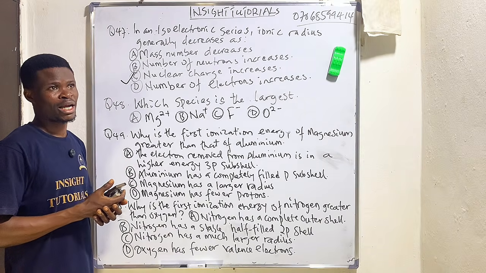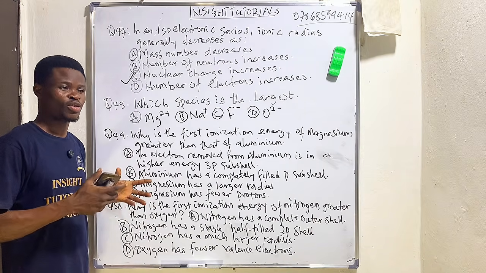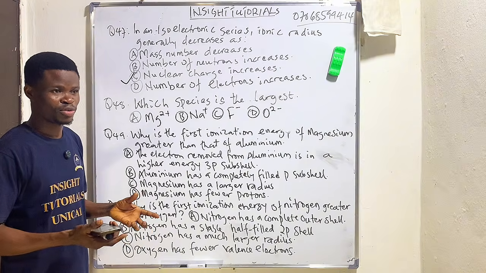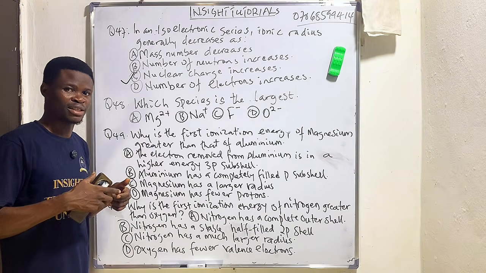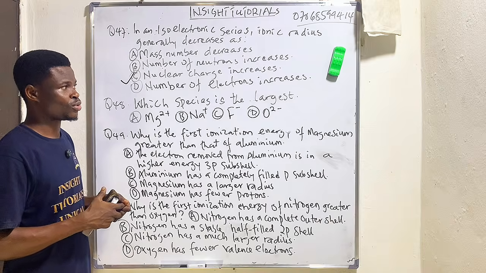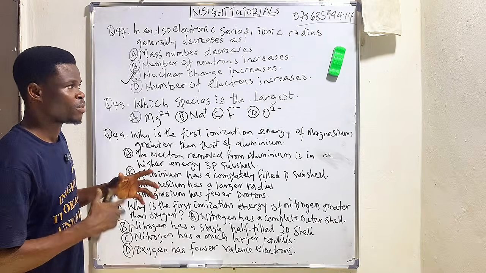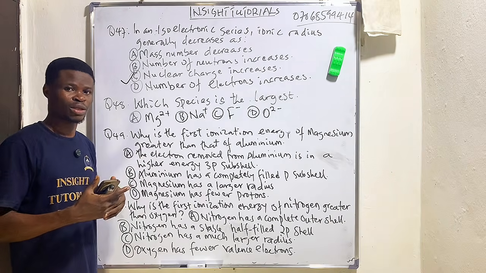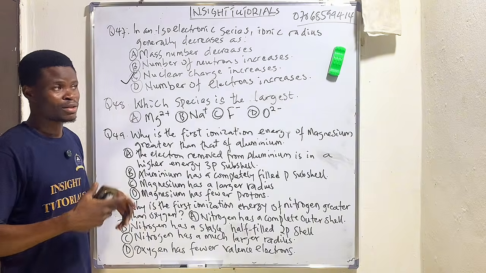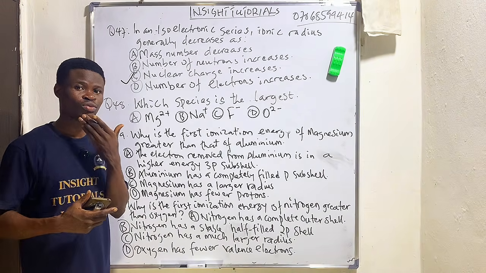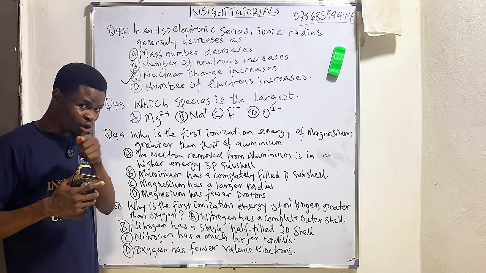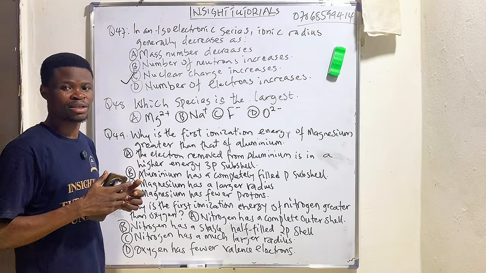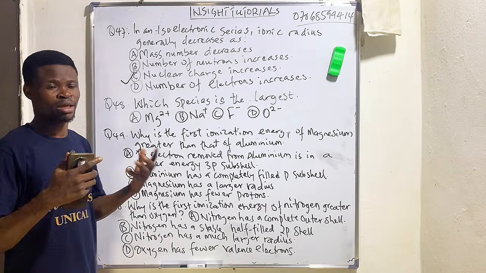If an ion has fewer protons, it's going to be larger because it will exert very little pull of the electrons to the center of the nucleus, right? So mark that idea: the more protons an ion has, the more tendency it has to reduce in size. And the fewer protons an ion has, the more tendency it has to be large.